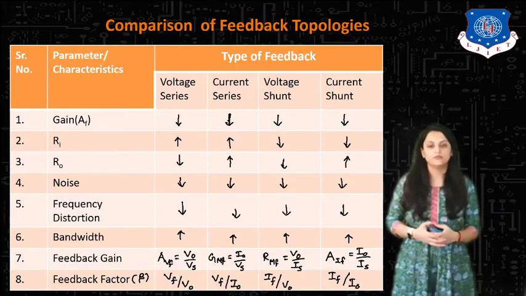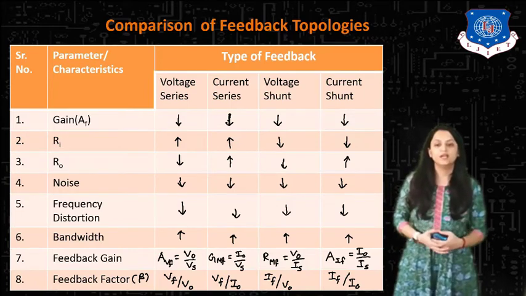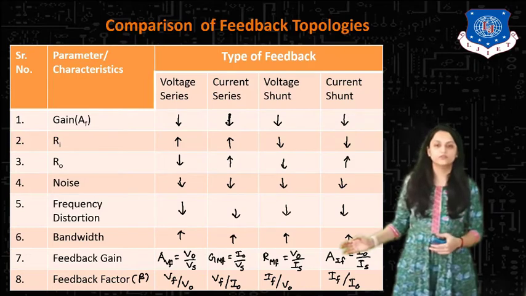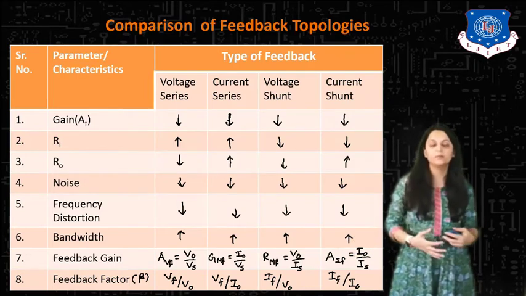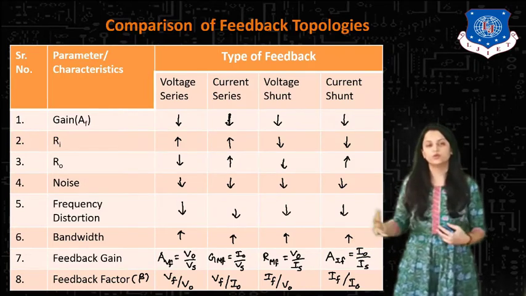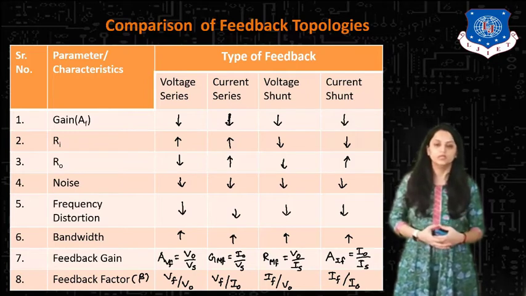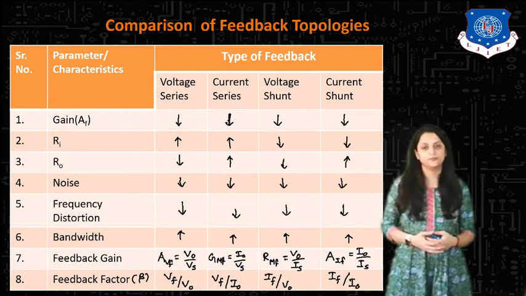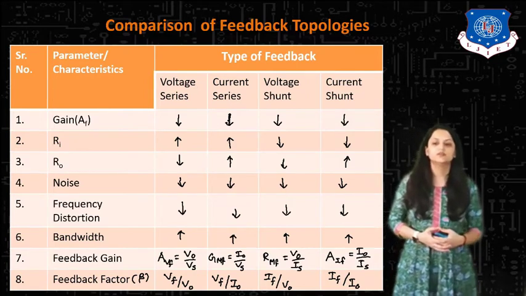Next is bandwidth. Bandwidth increases for this kind of feedback and it is high for all 4 topologies. Now, let us see the next, that is feedback gain.